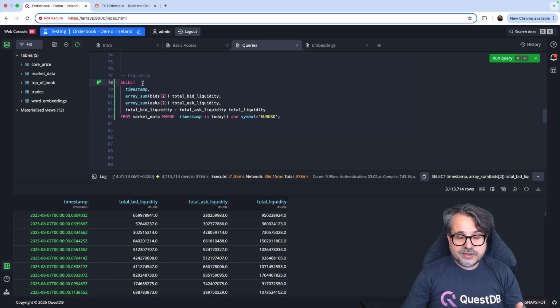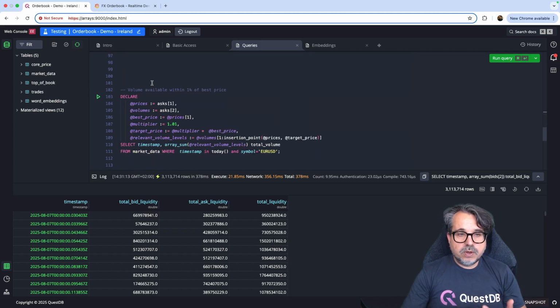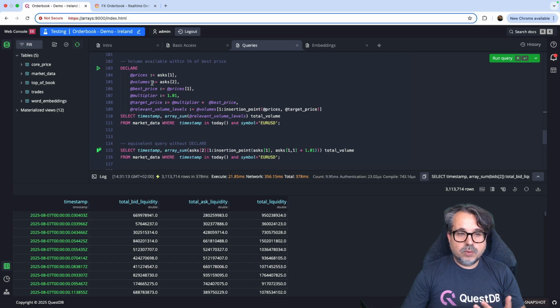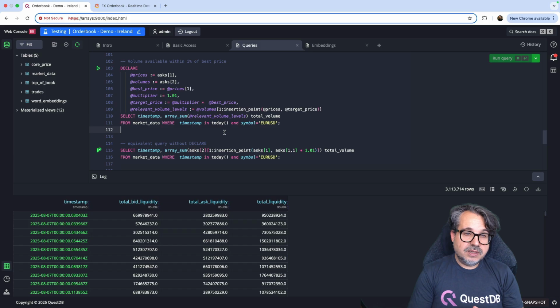When it comes to liquidity, another thing you might want to do is calculate some operations based on the available liquidity. For example, here, I want to get how much volume, how much liquidity if you want, is available if I want to pay as much as 1% of the best available price.